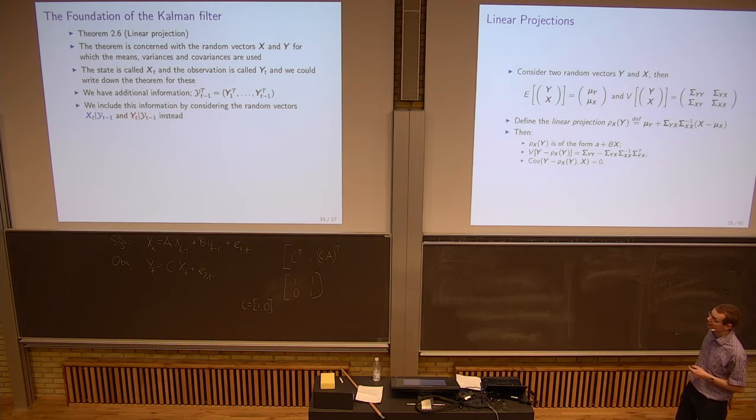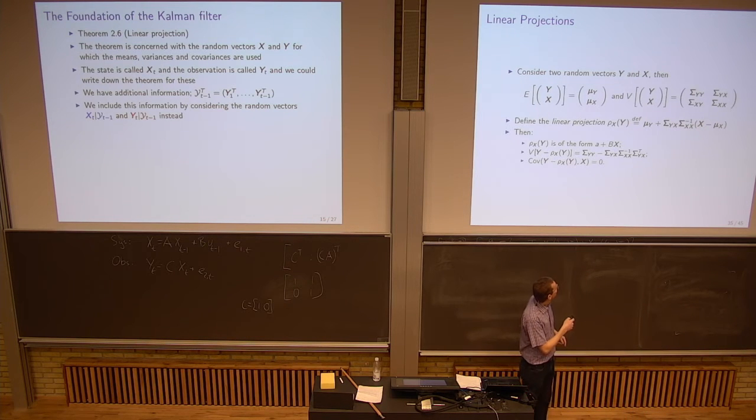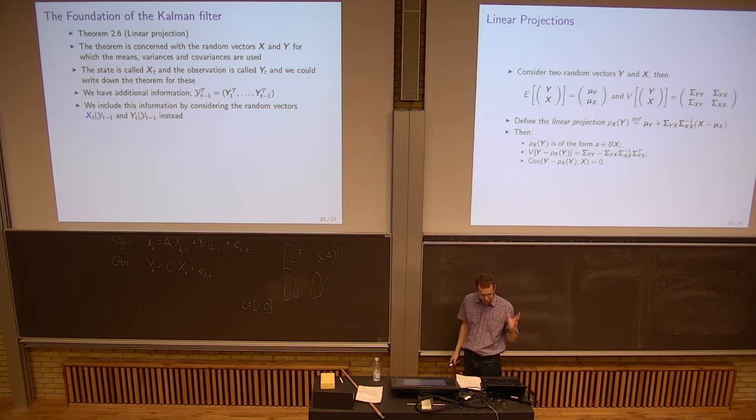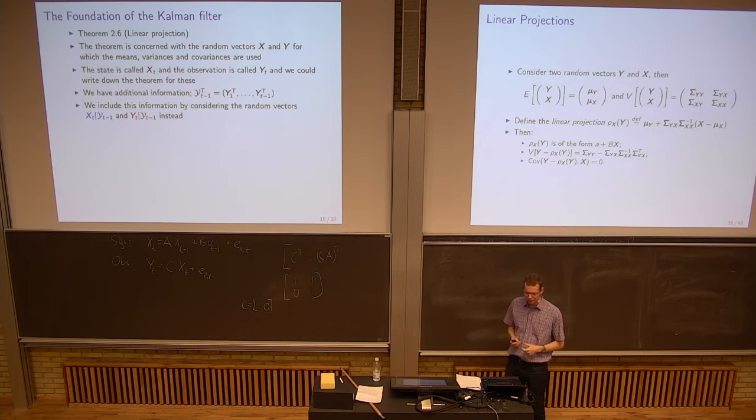The difference relative to how we use it today is that today we swapped x and y, because this was the expectation of y given x. What we've done today is to say, well, we observe y, so every x here should be a y to get to today. So the linear projection theorem is basically how x and y, the means, variances and covariances, are connected.